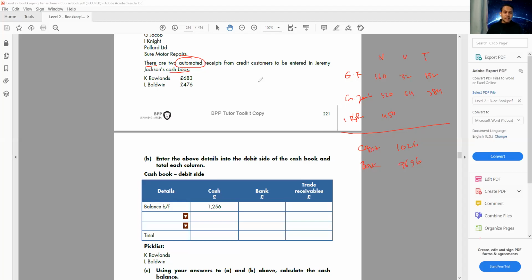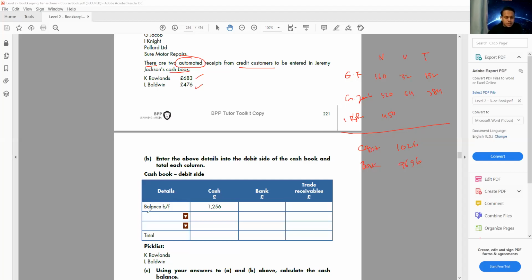So we have received from the two credit customers. The question already said credit customers, so we don't have to worry about the VAT, because we know there is no VAT. From K. Rowland, we have received 683, and from L. Baldwin, we received 476. So let's have a look at that.